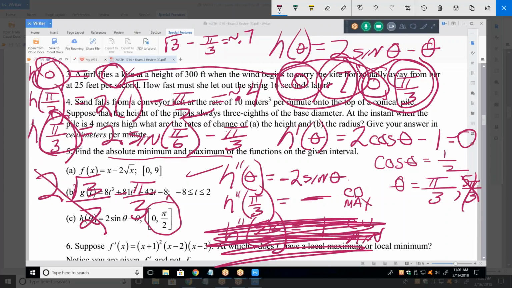It occurs when theta is pi over 3, but the absolute maximum is 0.7, or whatever that number is. I suppose it's the square root of 3 minus pi over 3. Did they give it as a decimal, or as square root of 3 minus pi over 3? Good for them. That's the only way to give the exact answer. Notice that that's irrational, that's irrational. So you have to express the answer in terms of stuff like that.